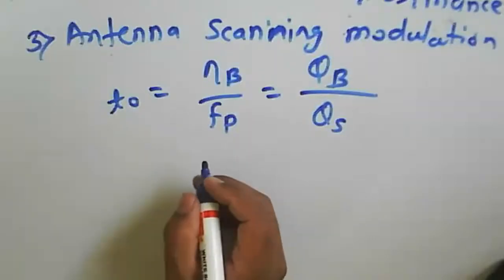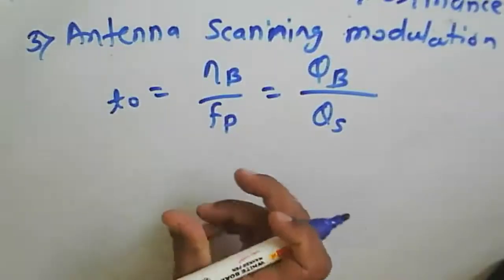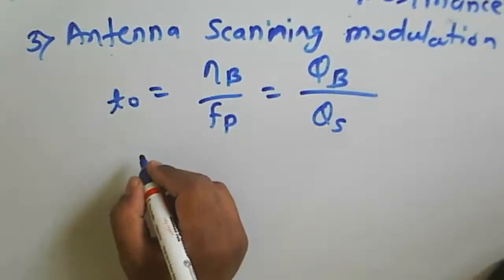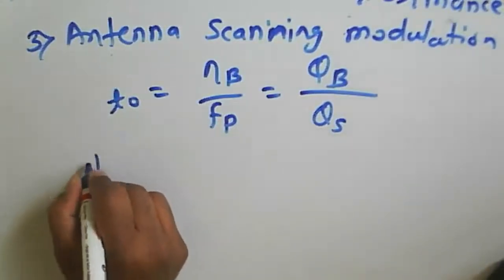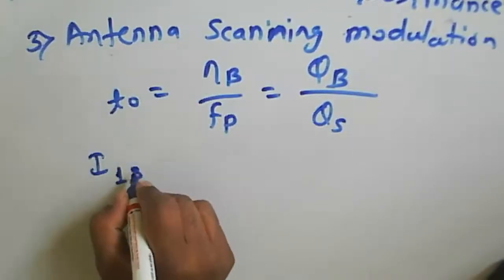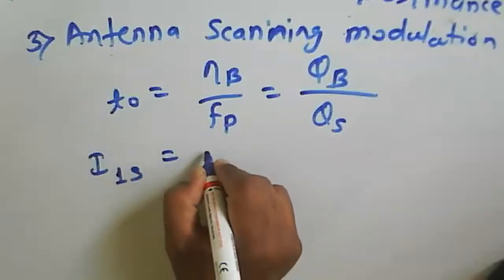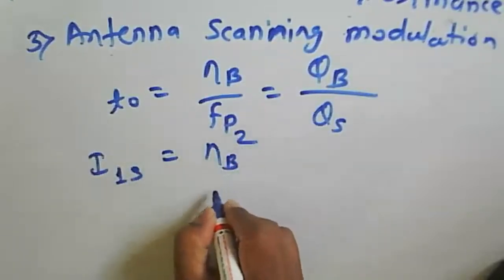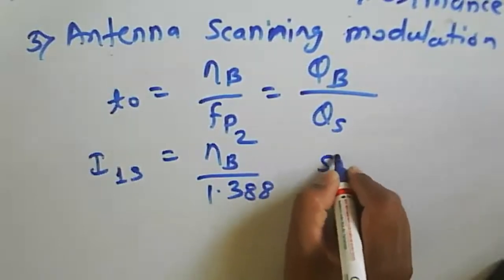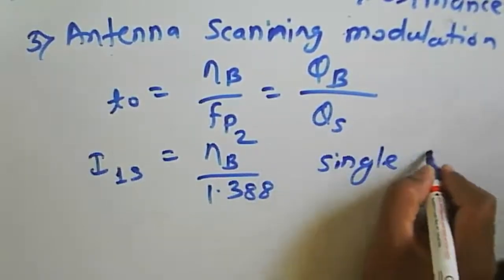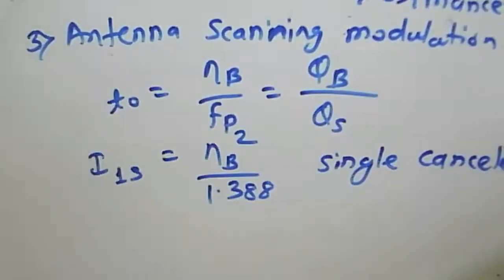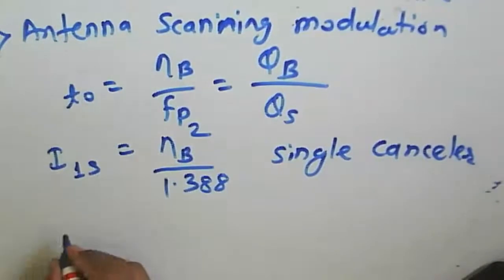The limitation to the improvement factor that will be caused by this antenna scanning, we can write here: improvement factor I1S, that is for a single canceller, NB square by 1.388.